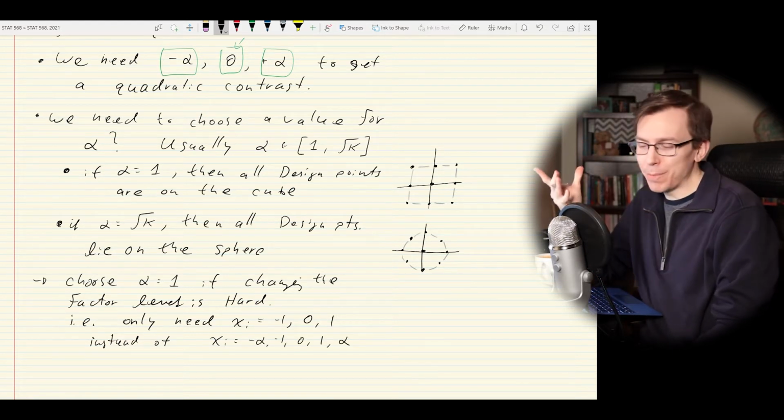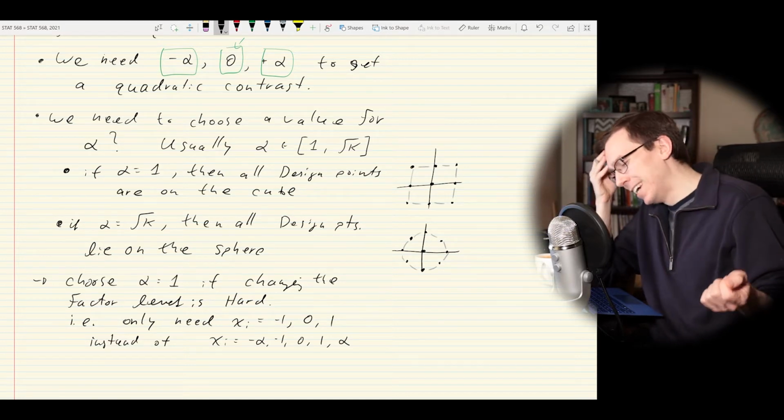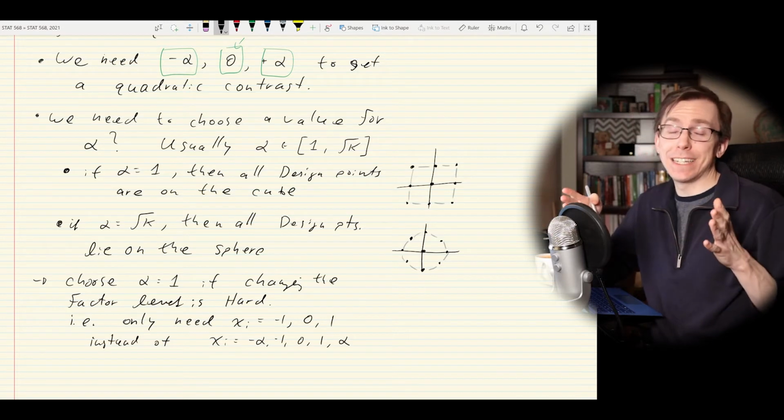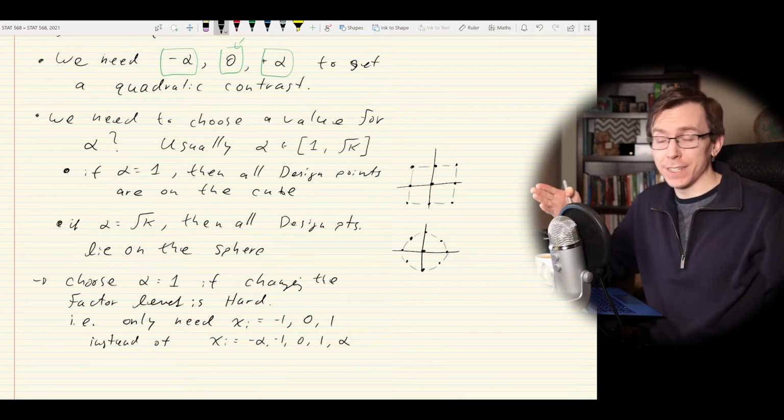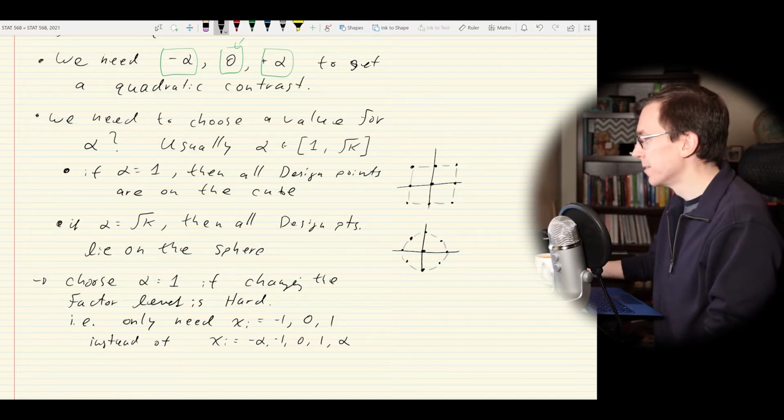So there could be a reason why we don't want to have to keep setting the dials on our machine, and we'd rather just have 3 different settings to test rather than 5 different settings. That's one reason why we might choose alpha equal to 1.